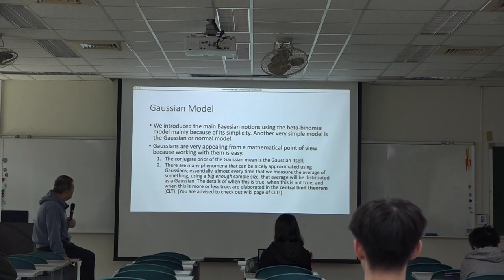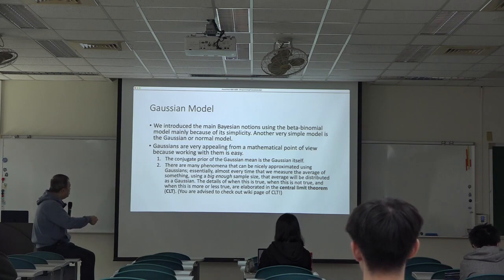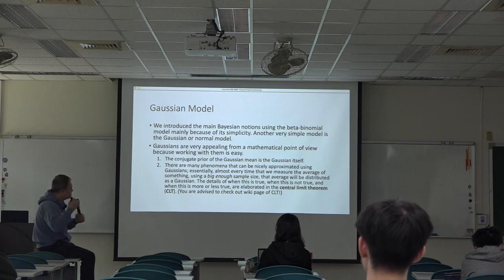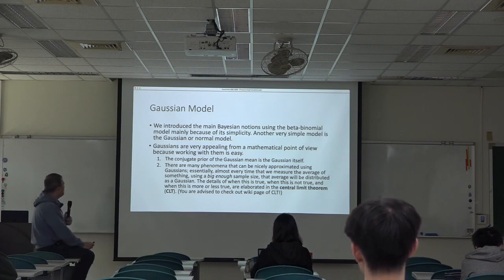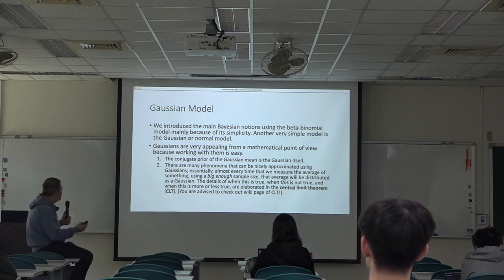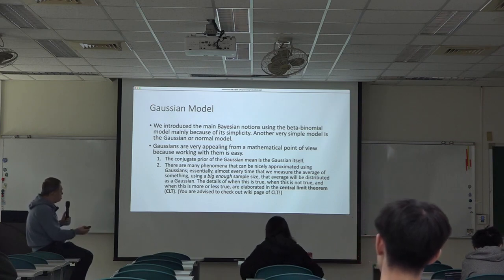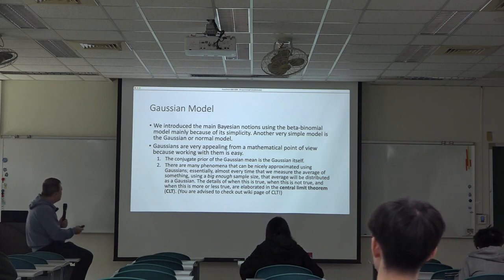But for Gaussian likelihood, you can also use a Gaussian prior, because the Gaussian prior is also the conjugate prior. So Gaussians are very appealing from a mathematical point of view because of their simplicity. First, the conjugate prior of a Gaussian is Gaussian itself.